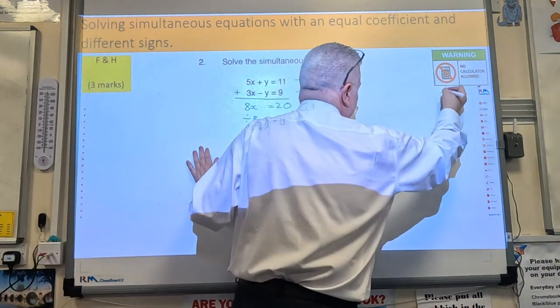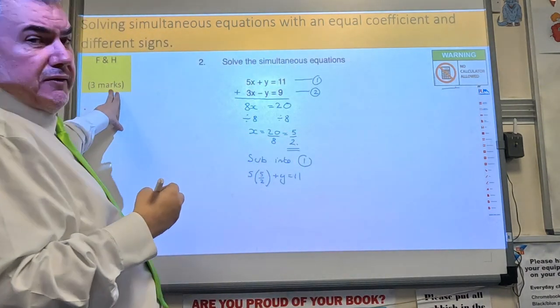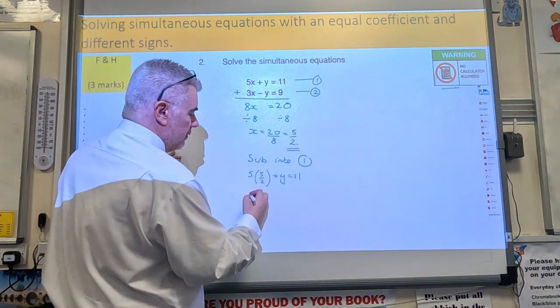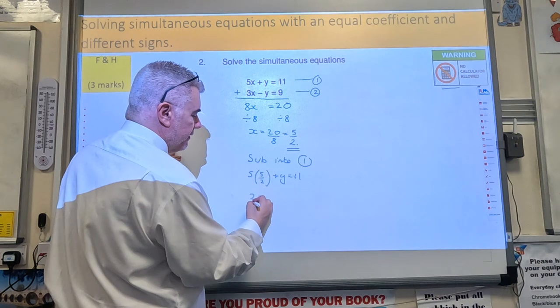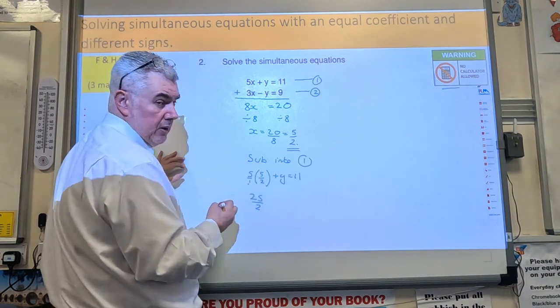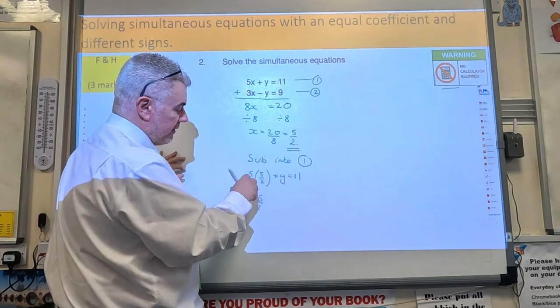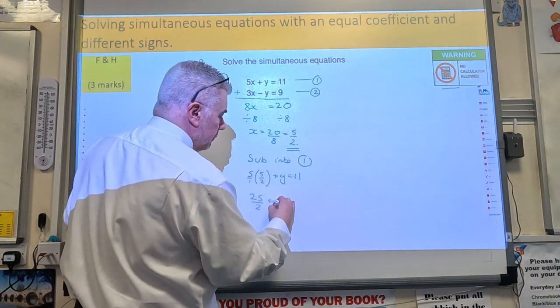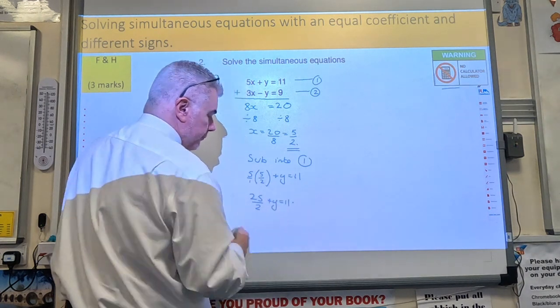So it's a non-calculator question. It was only worth 3 marks. It's a foundation and higher topic. 5 lots of 5 over 2 is 25 over 2. That's come about because 5 is the same as 5 over 1. When I multiply fractions, 5 times 5, 1 times 2. So 25 over 2 plus y equals 11.